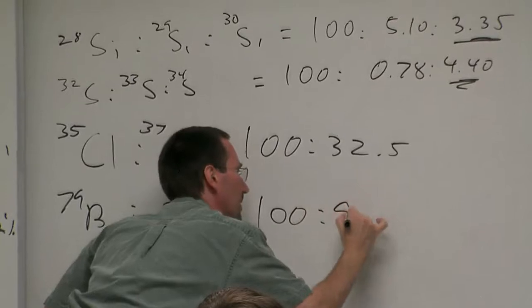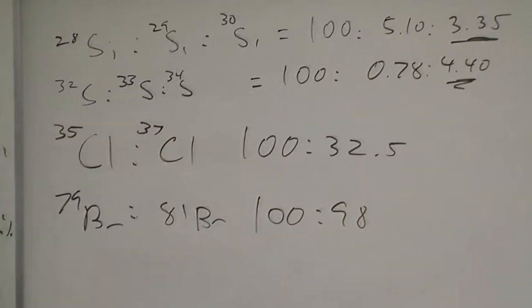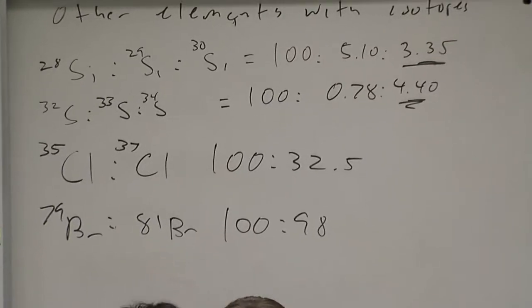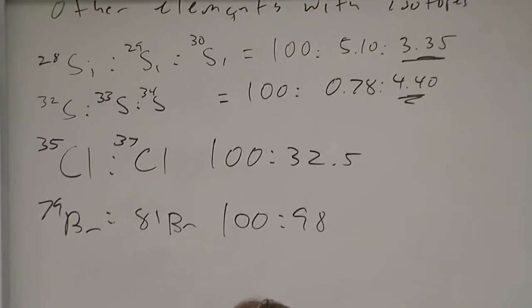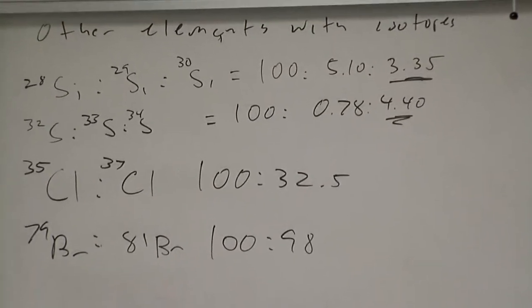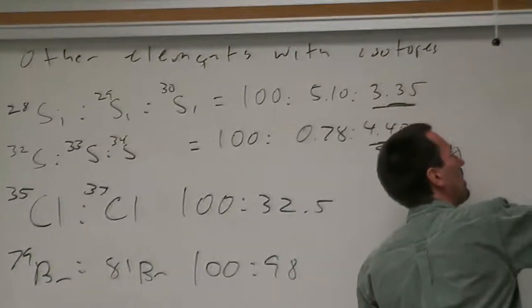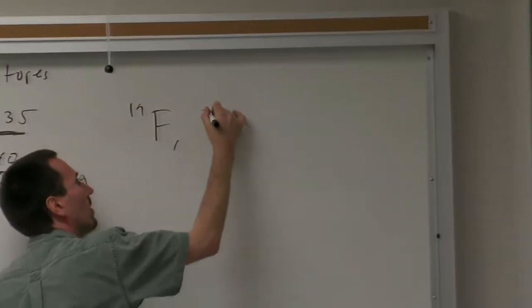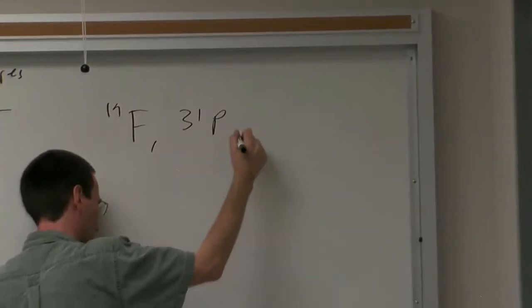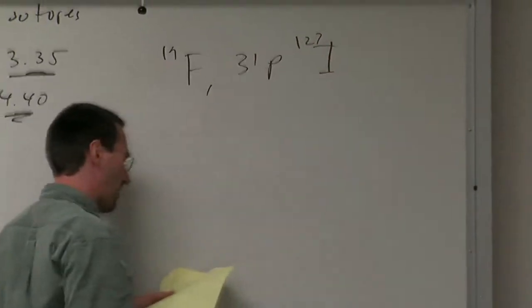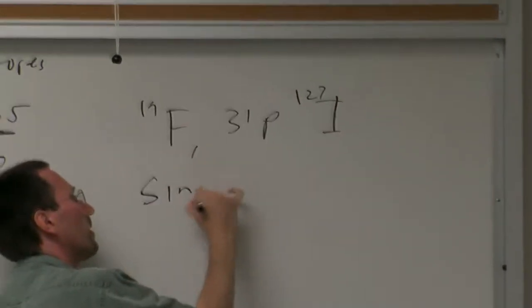In a 100 to 98 ratio, you have a very substantial M+2 peak. Other common elements don't say anything to you. Fluorine, phosphorus, and iodine all have single isotopes.